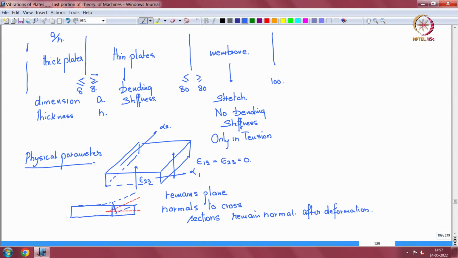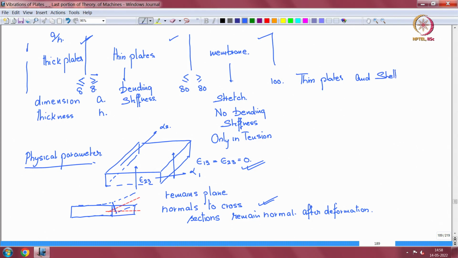Okay. So, this realm of dimensions I have given, and these physical effects, that is the realm of thin plates and shells.